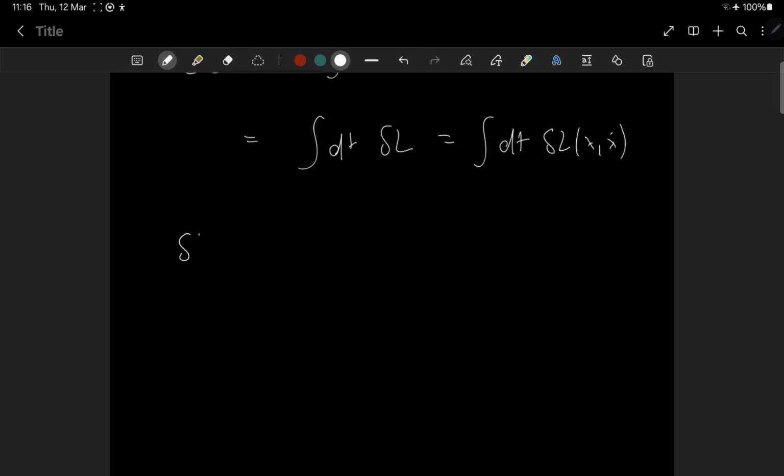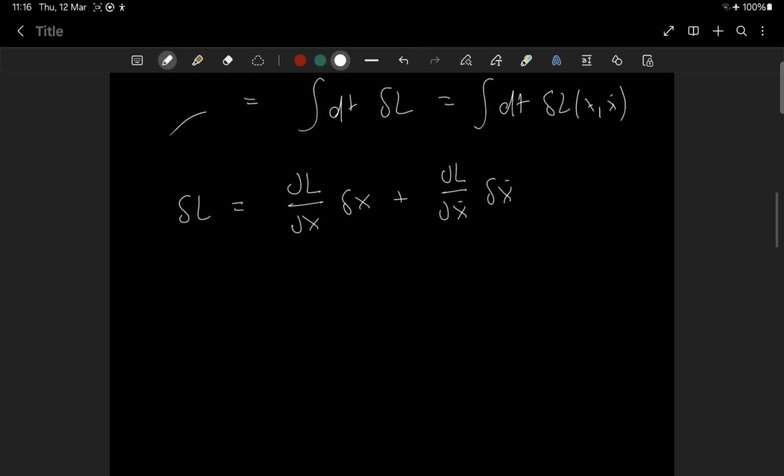Now to calculate delta L, we just take the derivatives. So we take partial L by partial x delta x plus partial L by partial x dot delta x dot. That is the change of the Lagrangian.